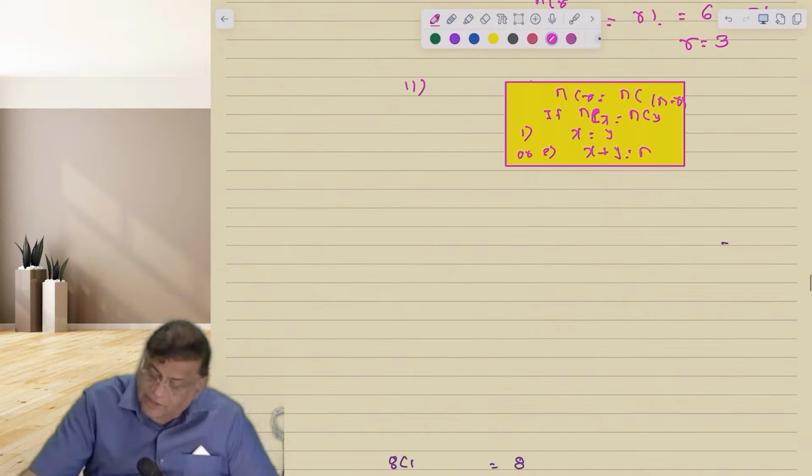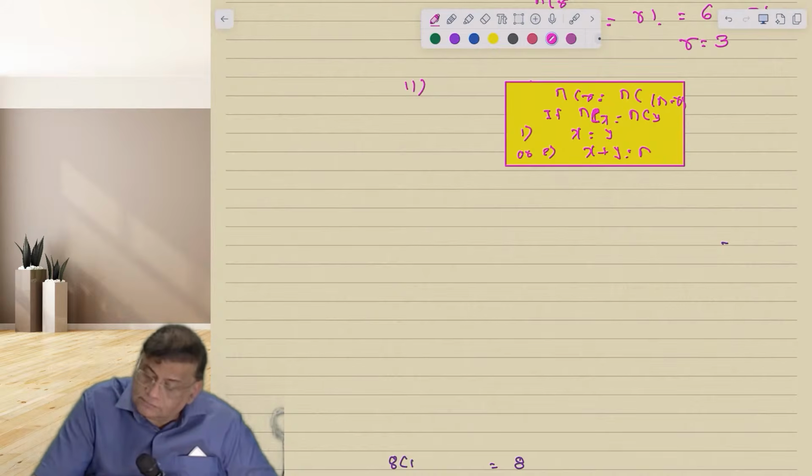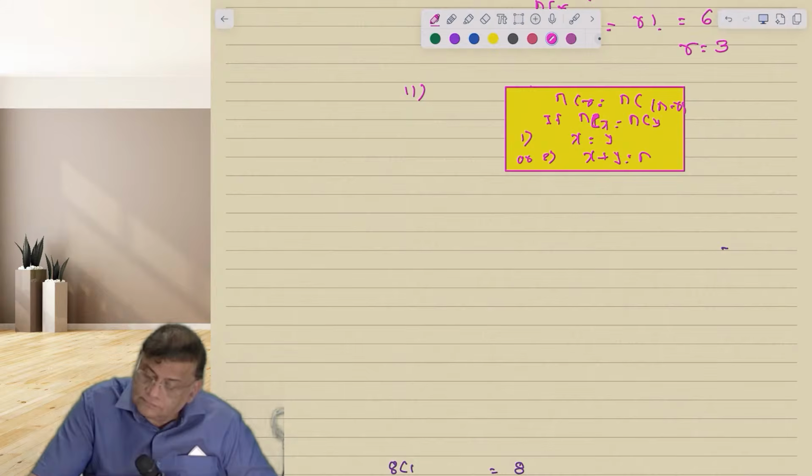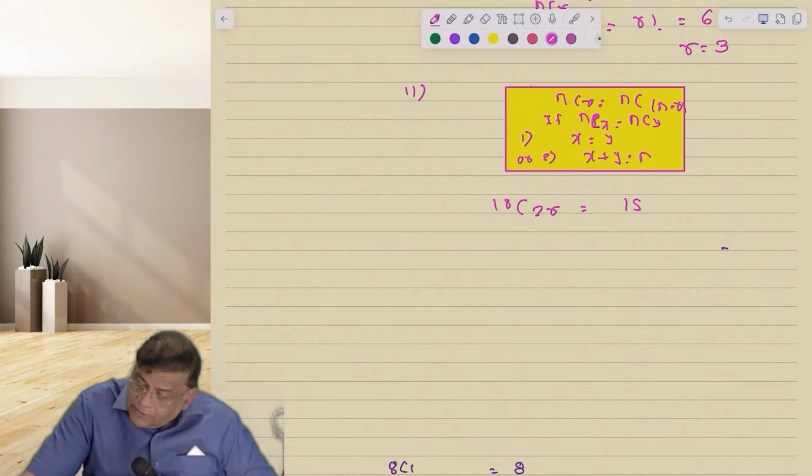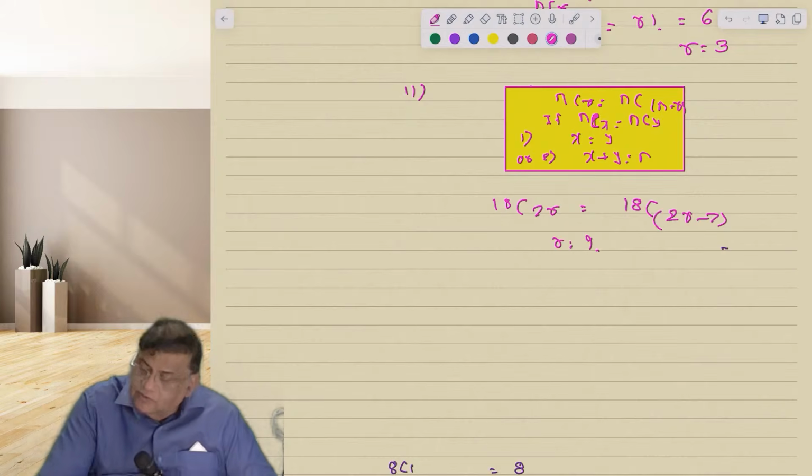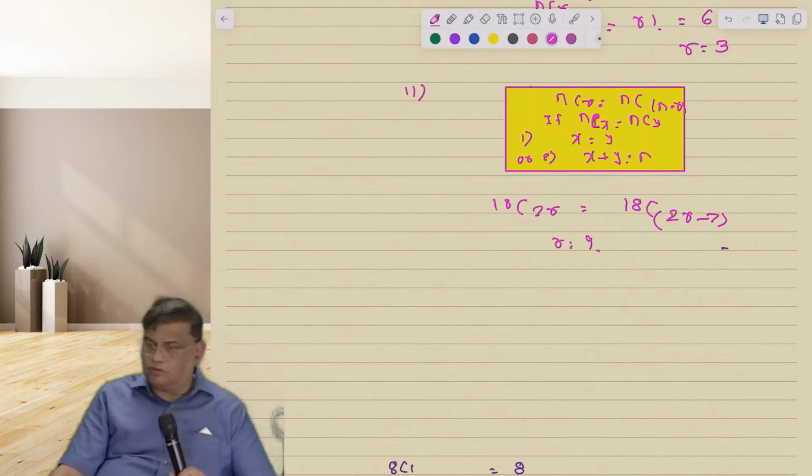So based on that, if I tell you that 18C(2r) is equal to 18C(2r minus 2), and if I ask you r is equal to what? Come on.